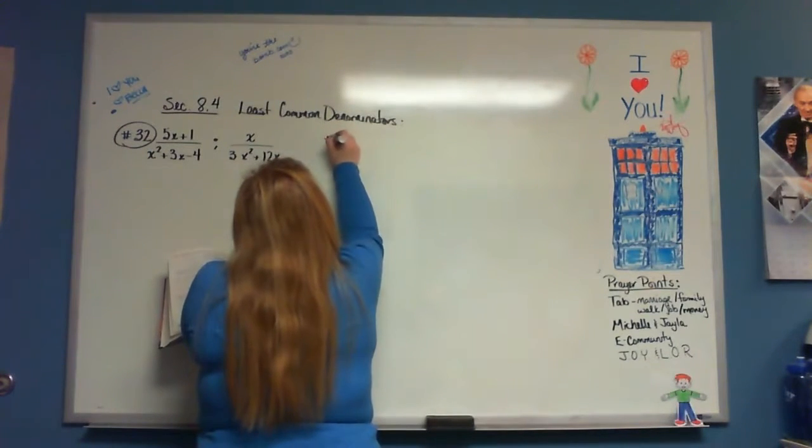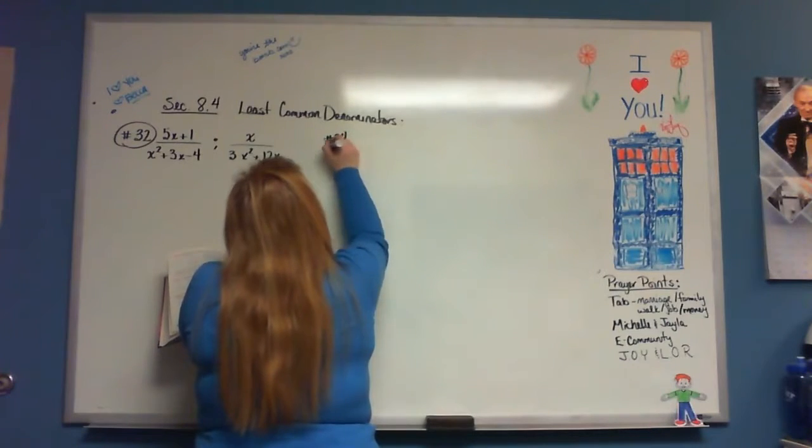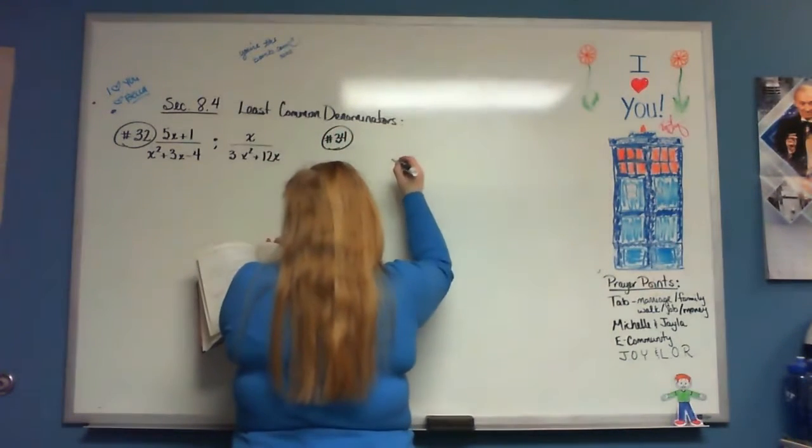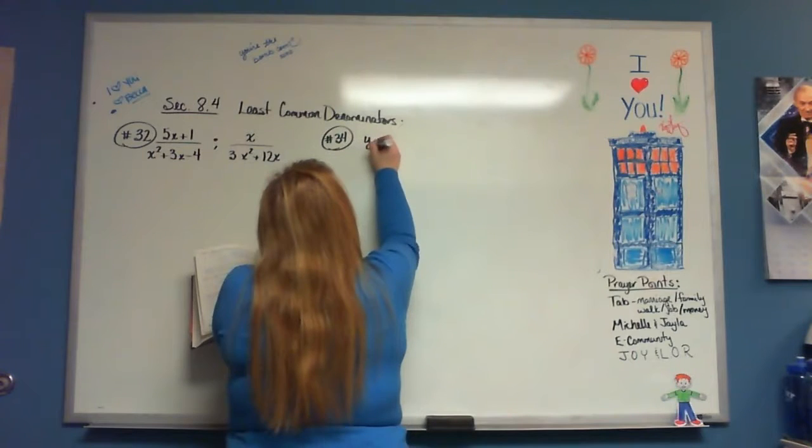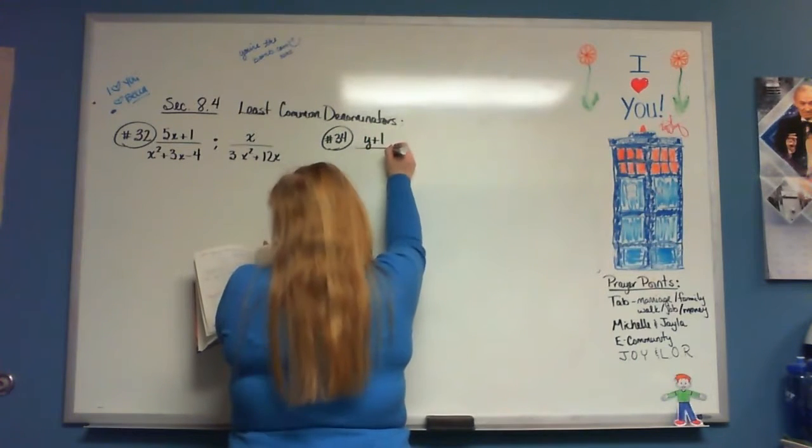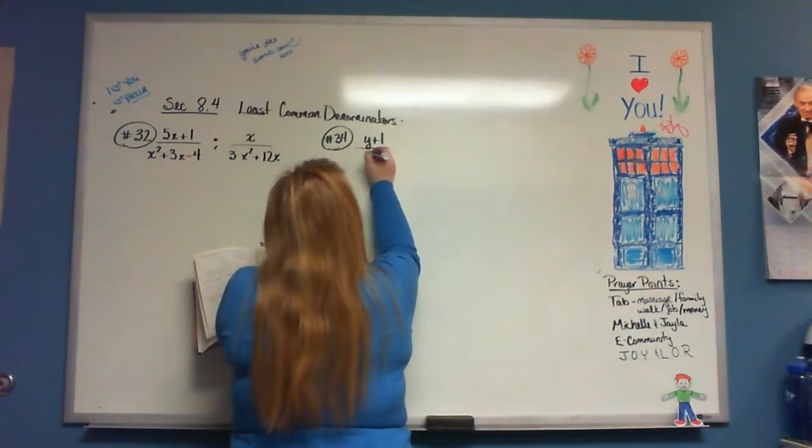And then while we're at it, number 34. Y plus 1 over 5y plus 15.